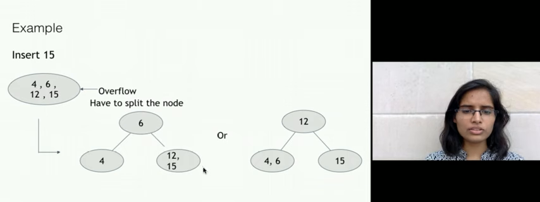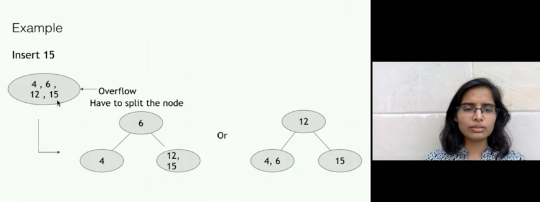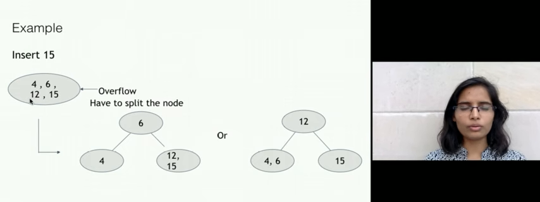So we'd have just one child with one node having 3 values, and that's not allowed. A 2-4 tree cannot have one child. Similarly for 15, the values 4, 6 and 12 are all less than 15, so there'd be just one node with the values 4, 6 and 12, and one child is not allowed in our 2-4 tree.